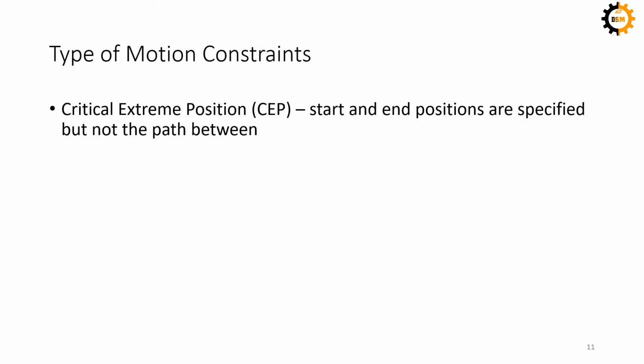So the last basis of the cam follower mechanism classification was based on the type of motion constraints. The first one is the CEP, or the critical extreme position. I told you that for the cam profile, you divide it into many segments for its whole cycle, and for each segment, if you know the start and the end positions of this segment, and you don't know how the path within the start and end will behave, we call it CEP.